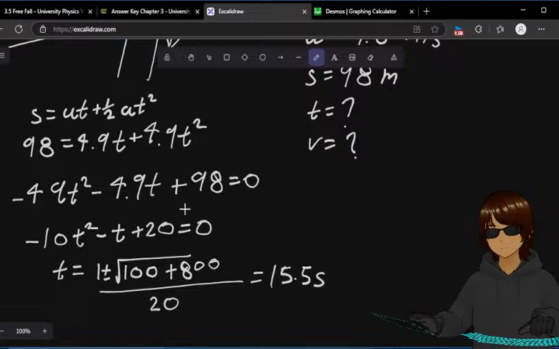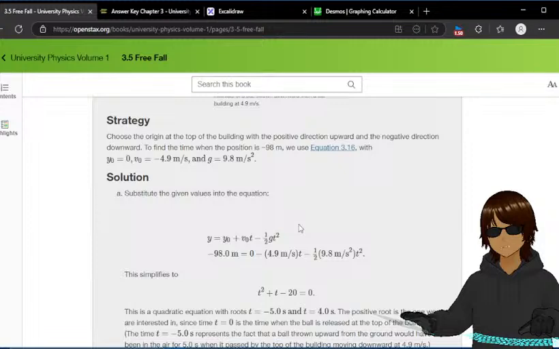Did they make a mistake? 98 meters divided by 4.9 is 20, and 9.8 divided by 4.9 is 2, and 4.9 divided by 4.9 is 1.